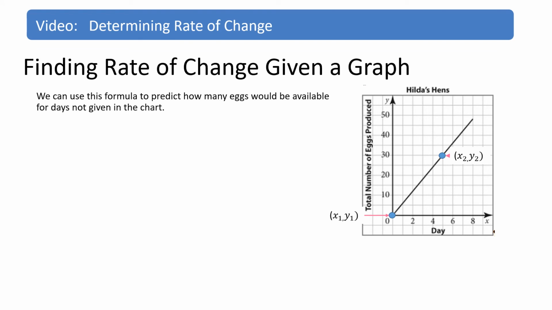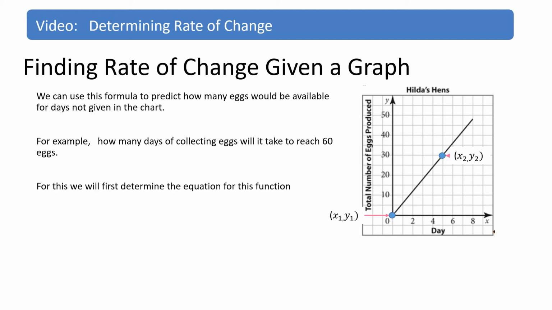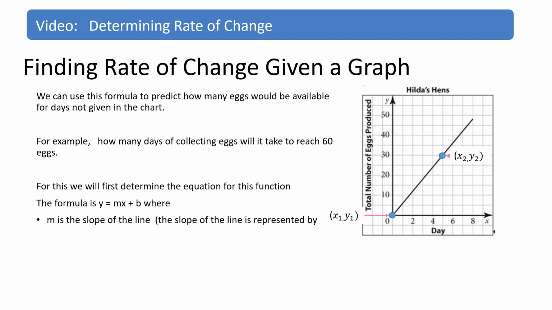We can use this formula to predict how many eggs would be available for the days not given in the chart. For example, how many days of collecting eggs will it take Hilda to reach 60 eggs collected? First, we will determine the equation for this function. The formula we will use, because it's a linear equation, is y equals mx plus b, where m is the slope of the line.